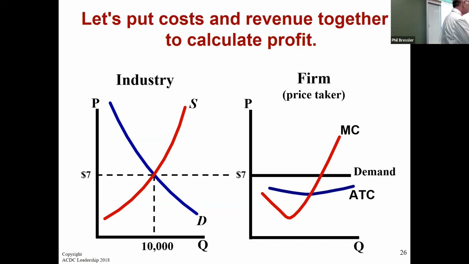Now, for every graph we do in the markets, the first thing you look at is where MC meets MR. And here it's demand because it's perfect competition. You find that spot, and you go straight down, and that's your quantity.